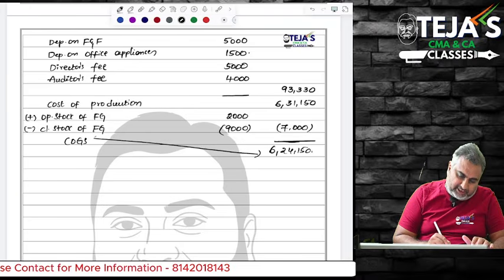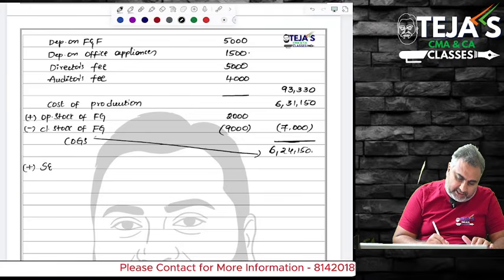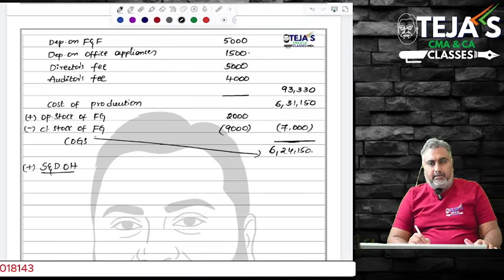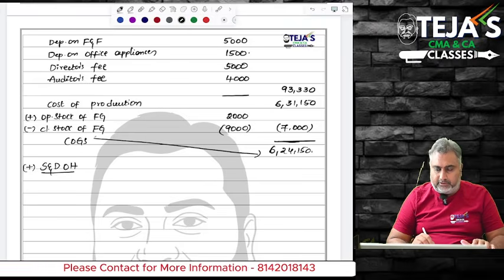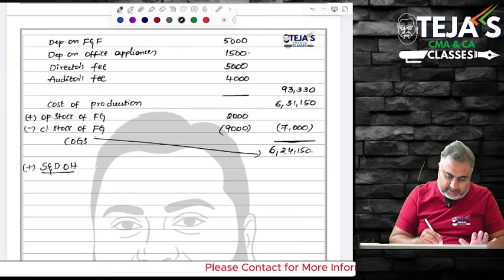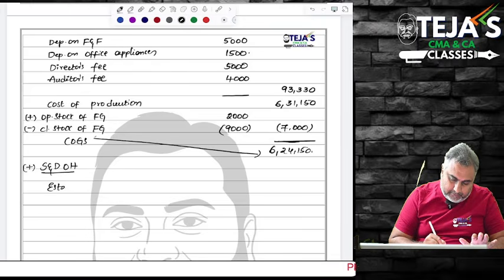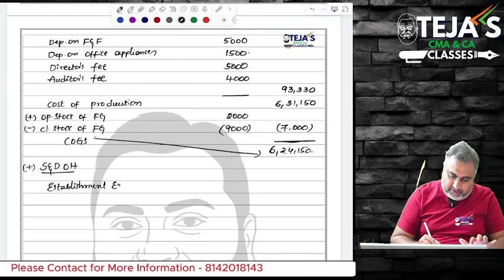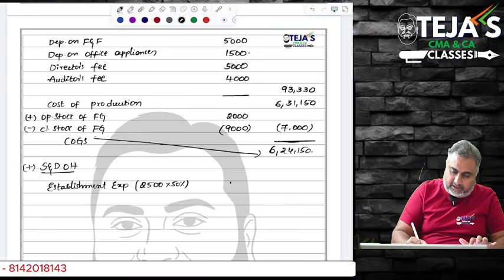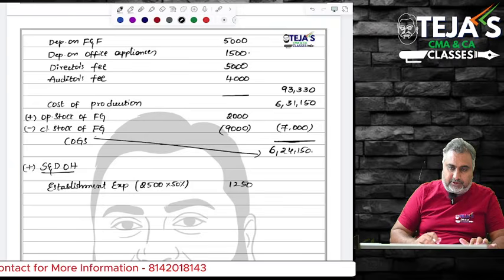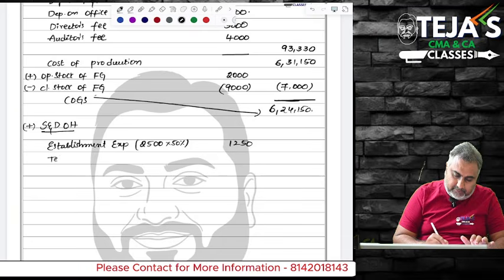For this, what is the adjustment required? Add selling and distribution overheads. What is the amount of expenses we need to write? Establishment expenses, 50% we showed under office, balance will be reflected under selling and distribution overheads.